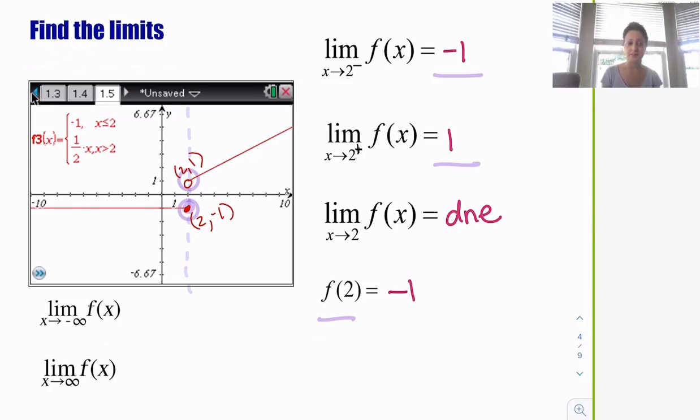So now it says, what's the limit as x approaches -infinity and positive infinity? So when you've got these, you're not going to draw that vertical guide. You're going to think about which way am I moving to infinity. So it's, first of all, x, which is going to be your horizontal, right? So if x is going to -infinity, we'd be going to the left. Oh, I'm doing it the wrong way for you. The left, okay?